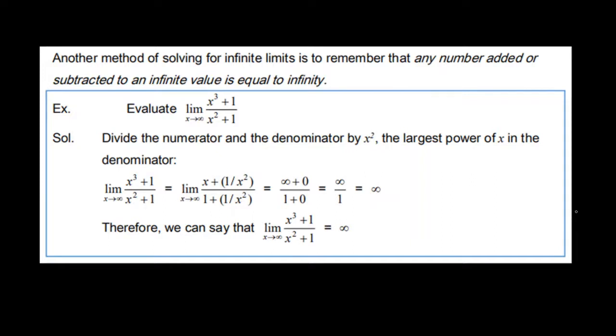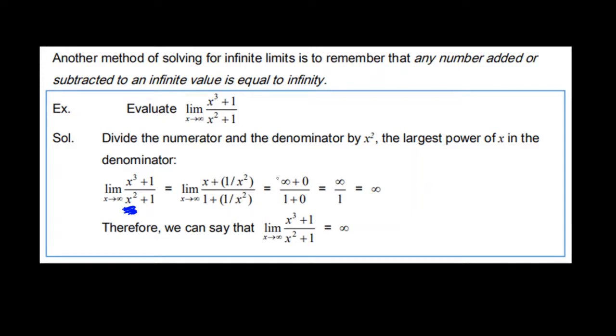If you see a fraction, guys, what you're going to look for is the variable with the highest degree in the denominator. Our denominator has x squared as the highest degree. Even though there is an x cubed on top, that's the numerator. We look at the denominator. And then we divide the whole function by x squared.